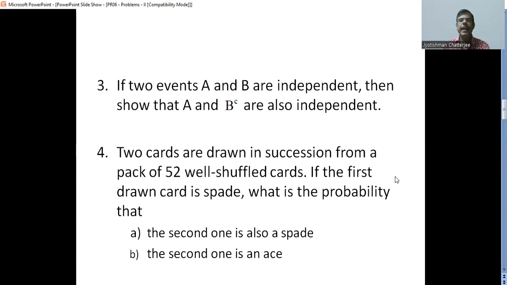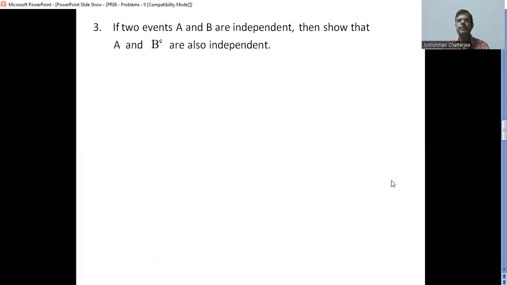If two events A and B are independent, then show that A and B complement are also independent. And the fourth question is about drawing two cards. First, let's address problem number 3.